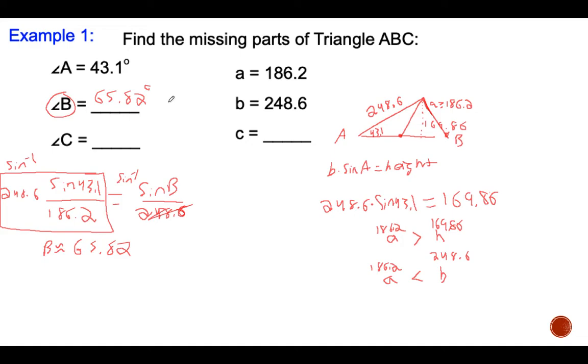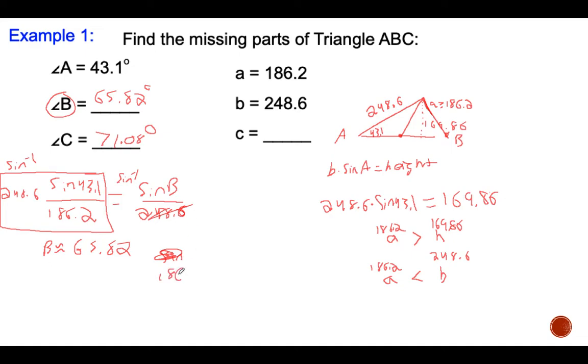Now we can find a third angle. Let's take 180 minus these two. 180 minus 43.1 minus 65.82. So this is about 71.08 degrees. Well, all we have to do to solve this triangle is to find C. So let's do law of sines again. Except for finding side length this time, so I'm going to put the side lengths on top.